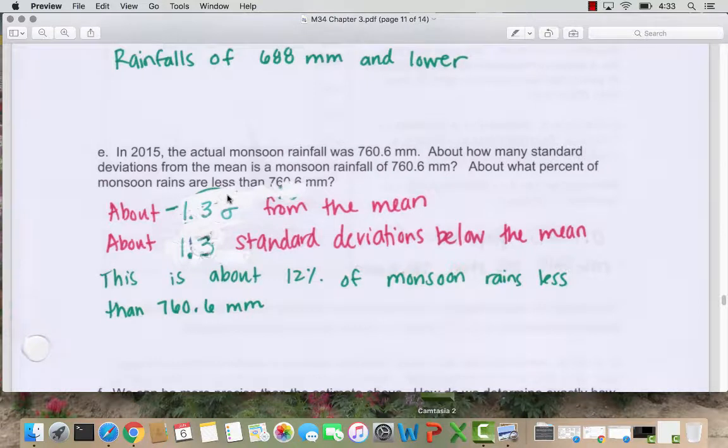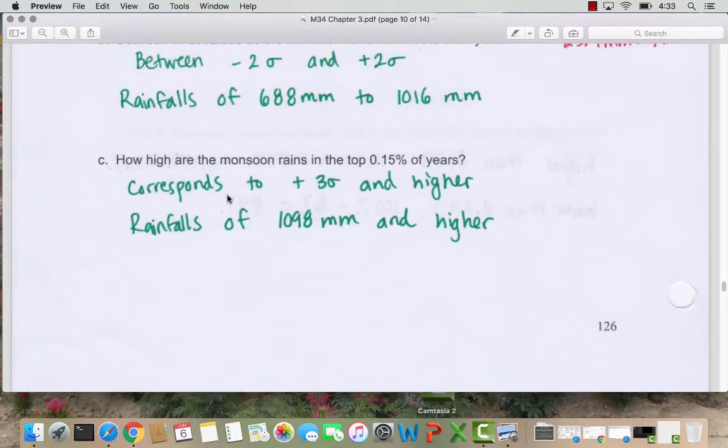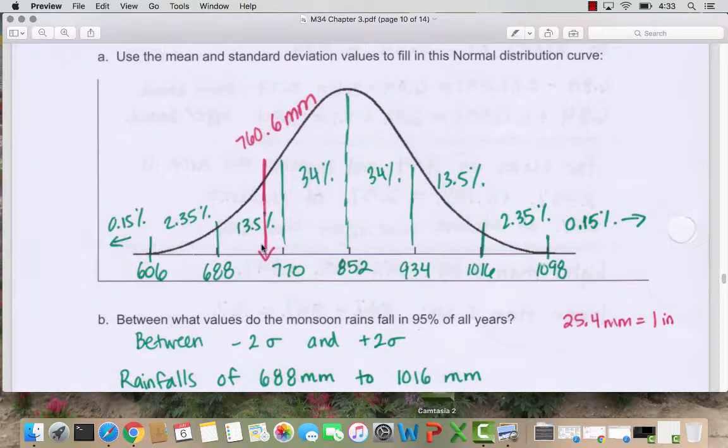And then in 2015, the actual rainfall was 760.6 millimeters. So we want to know how many standard deviations that is. If you come back to the chart here, you'll see I tried to draw in where 760.6 millimeters would be. I just put it a little less than 770 millimeters. It's not a precise drawing. So we see it's going to be a little more than 1 standard deviation below the mean.